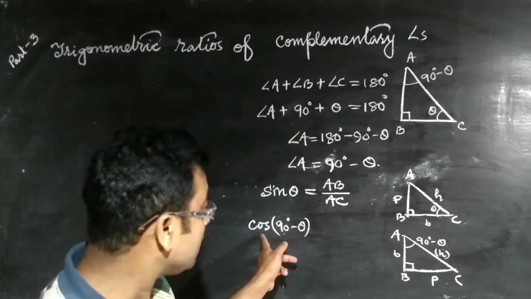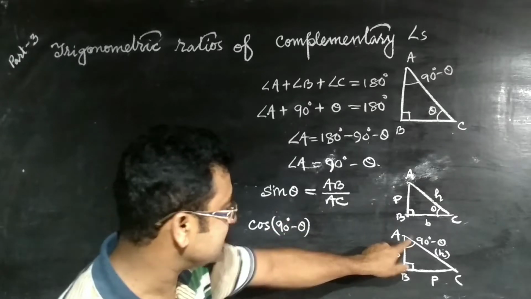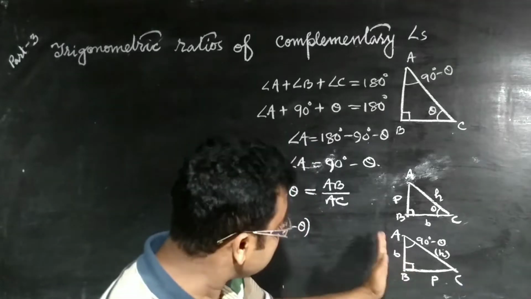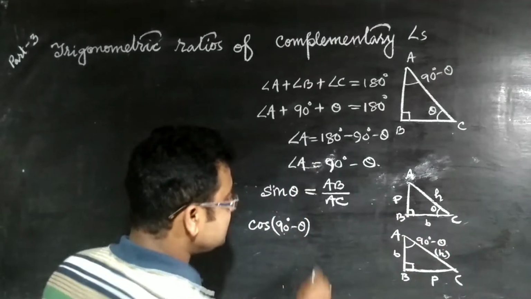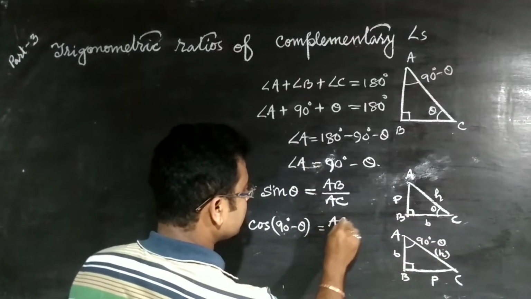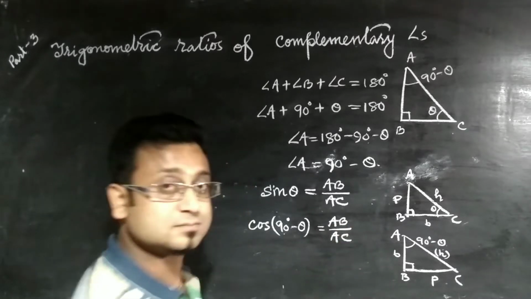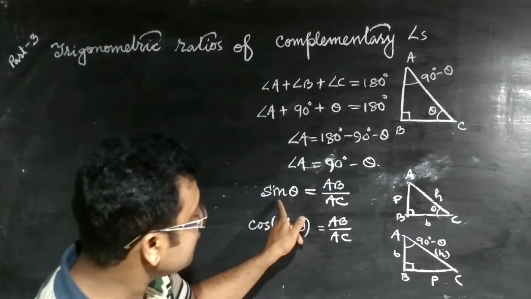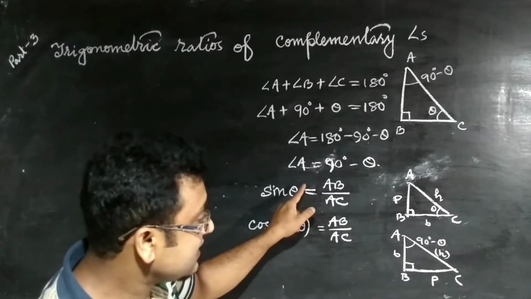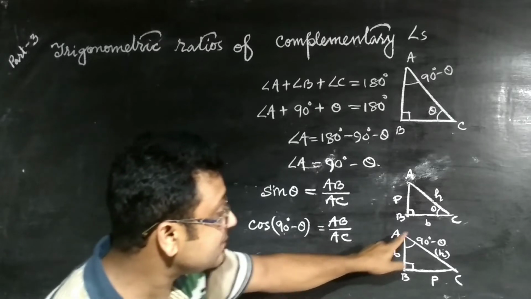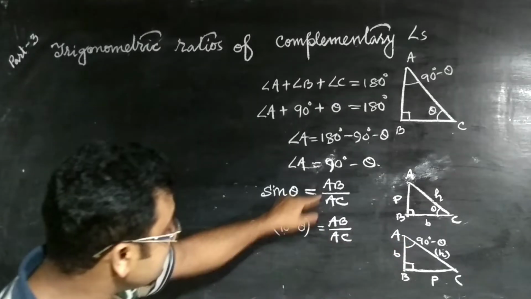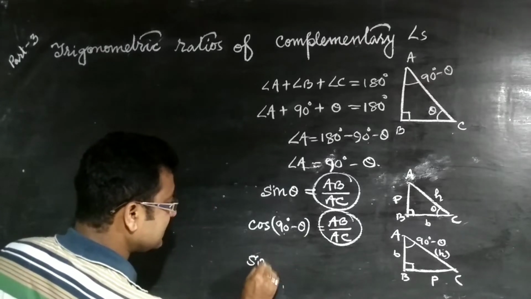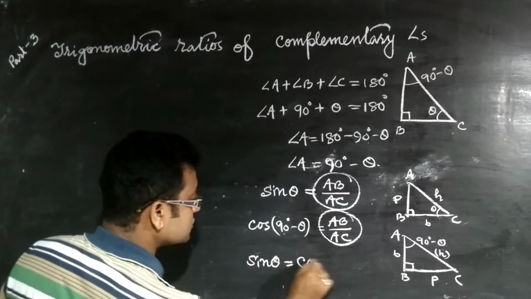So cos of 90 minus theta is base by hypotenuse, that is AB by AC. Just see, whatever we get for sin theta, the same thing we get when we consider this angle. So since these two are equal, I can write sin theta equals cos of 90 minus theta.